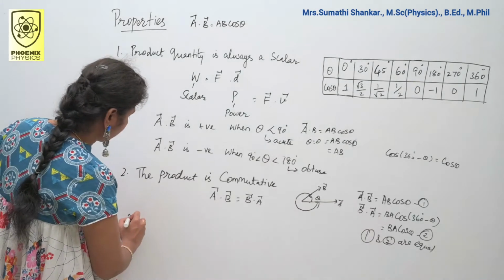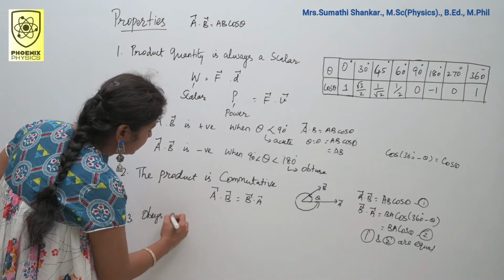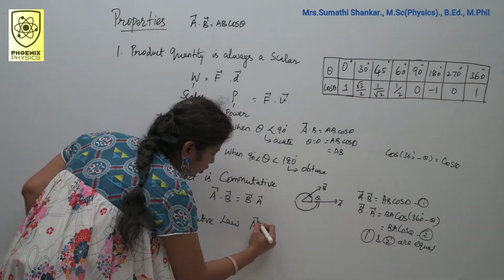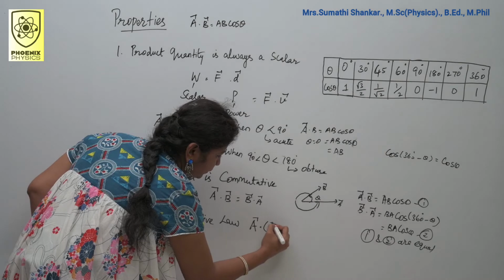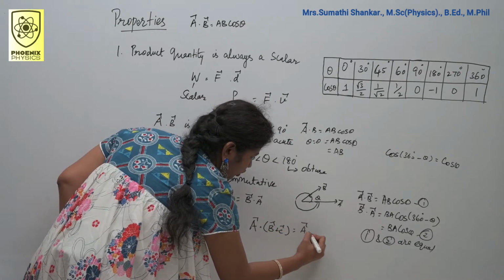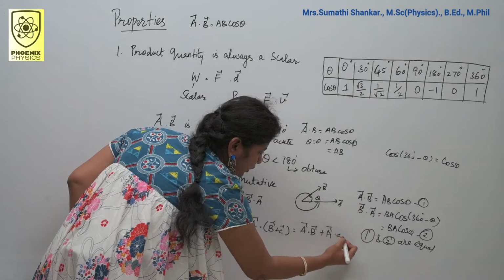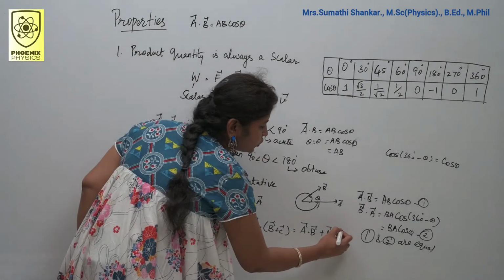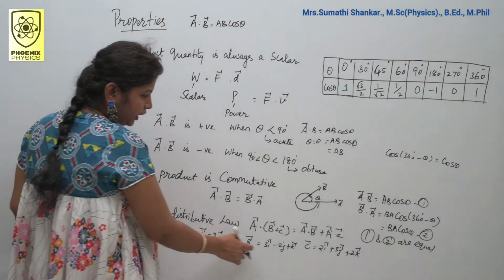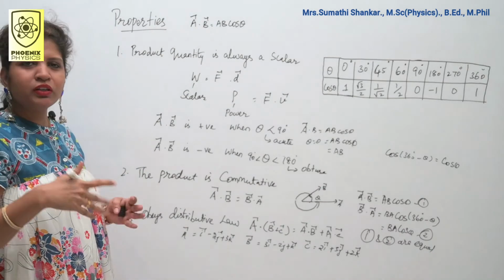Then the third property: it obeys the distributive law. What is that? A dot (B plus C) can be written as A dot B plus A dot C. So this is the distributive law. For example, A, B and C vectors are in component form. What is component form?